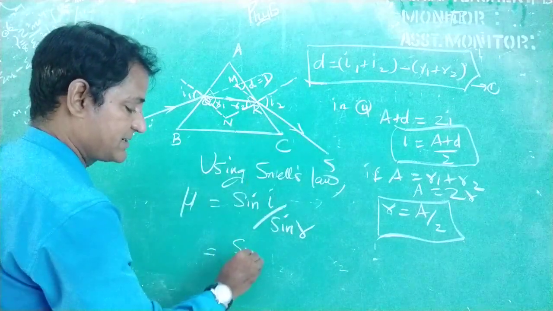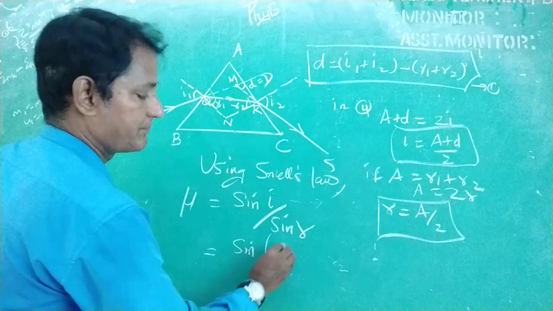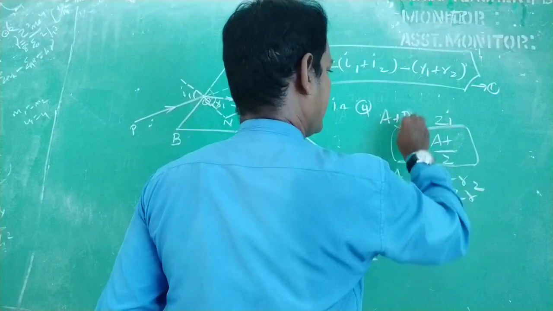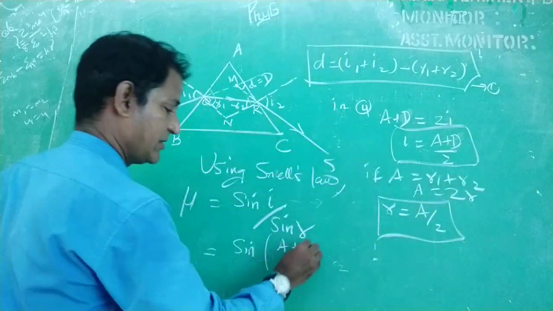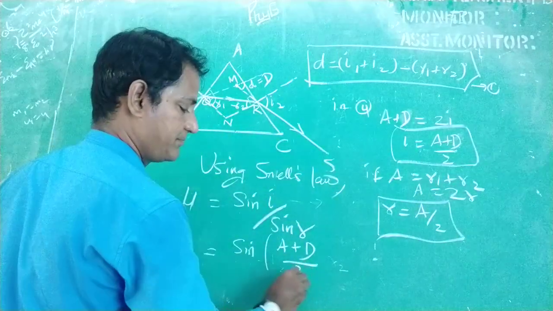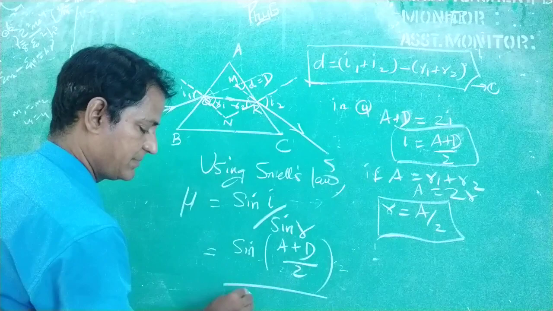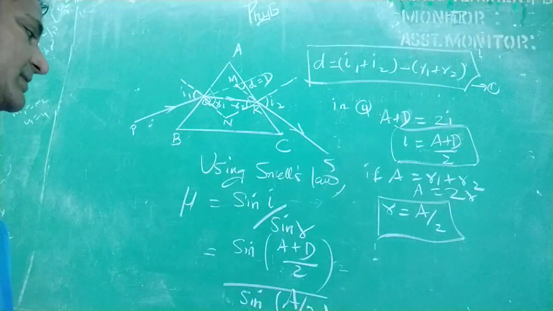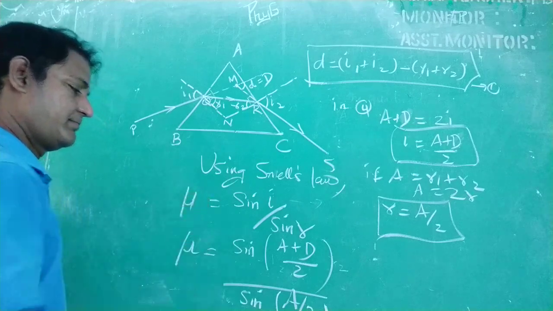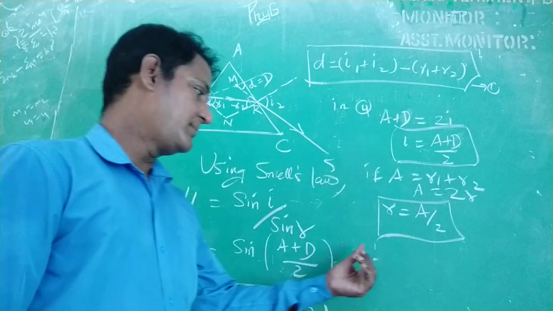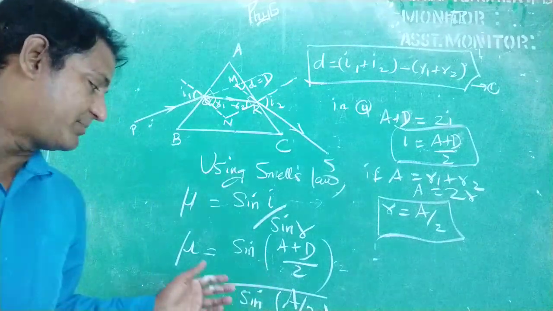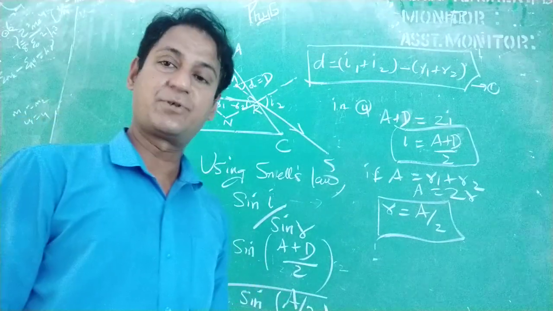So let me substitute the values of I: sin of (A plus capital D) by 2, sorry, it is capital D because it has become capital D, by sin of A by 2. So this is the refractive index of the material of the prism.